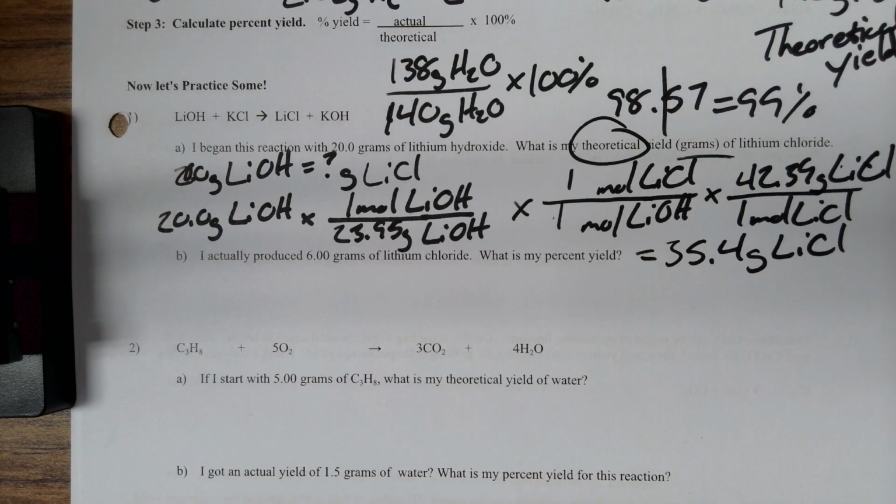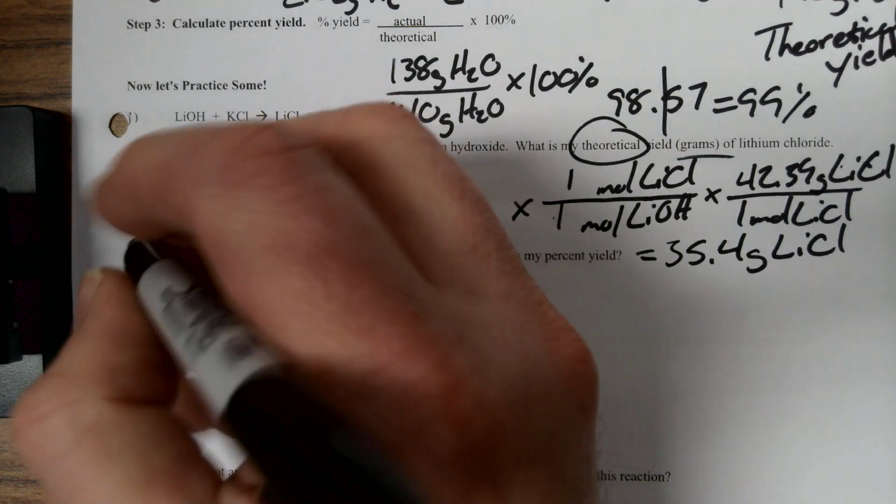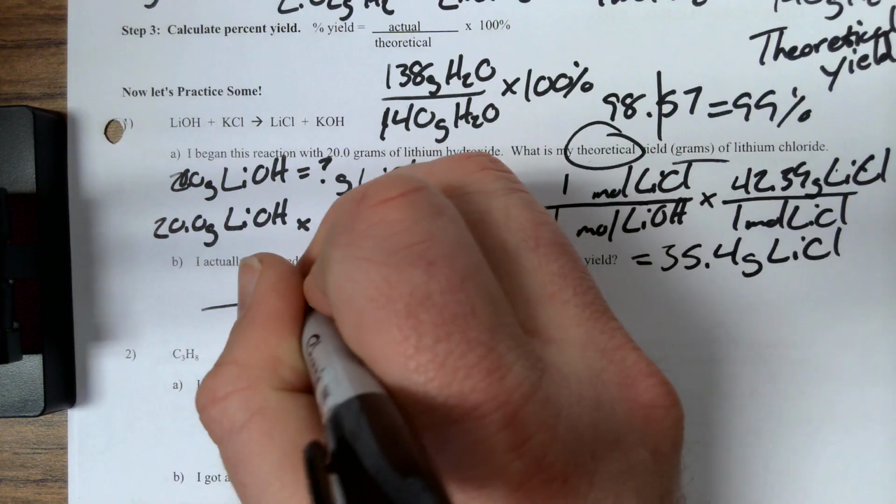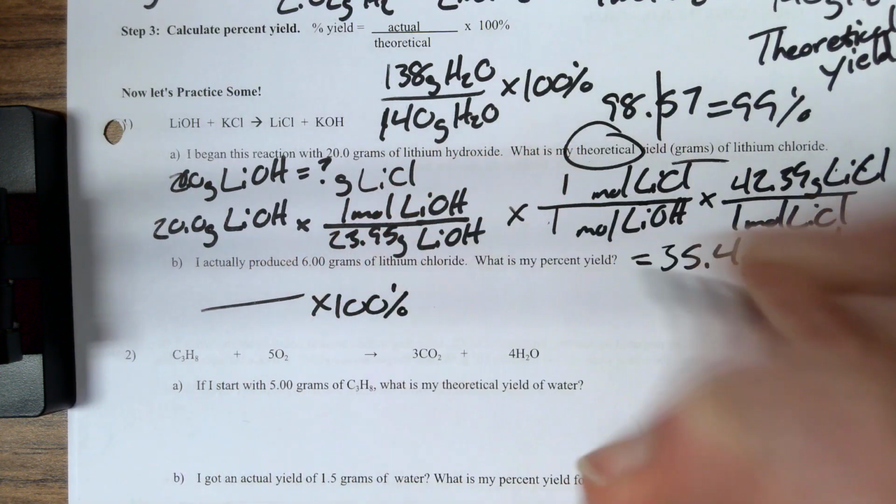Question 2. I actually only produce 6 grams of lithium chloride. What is the percent yield? So I have a numerator, I have a denominator. I'm going to multiply that by 100%.